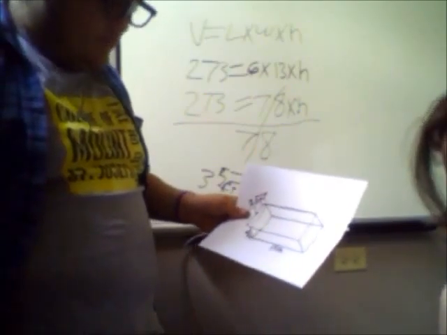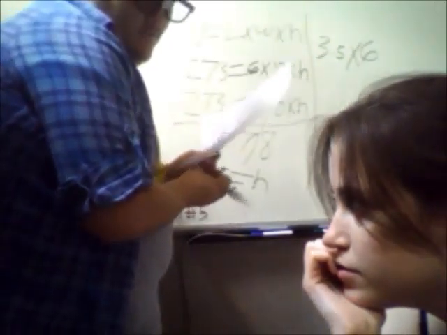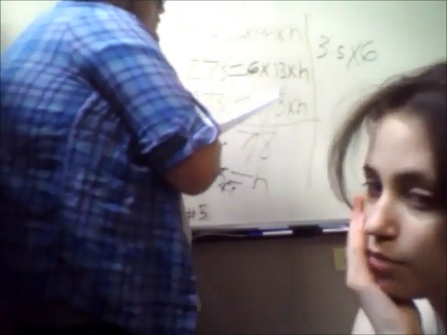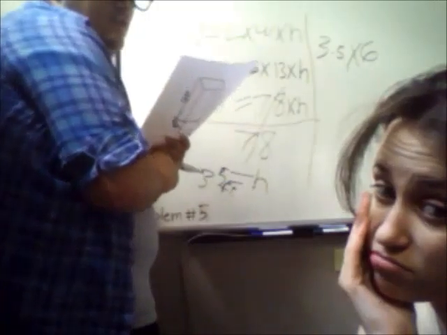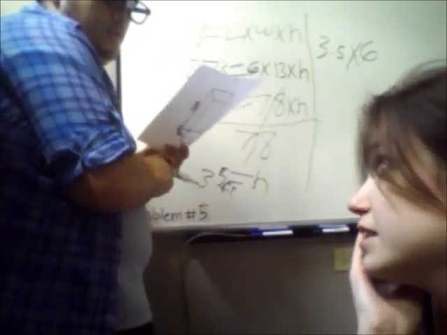So, our dimensions are, for one face, 3.5 times 6. This is boring. I heard that, little Miss Maria. If you pay attention, it will be fun. How can math be fun? Let's see.